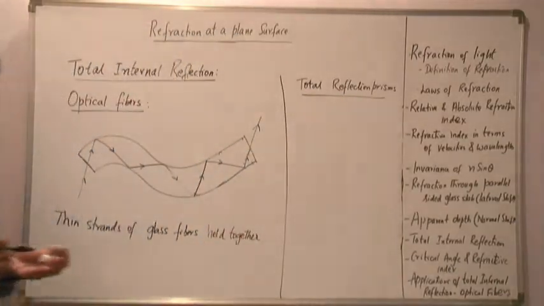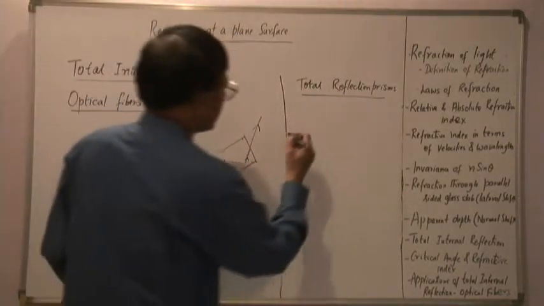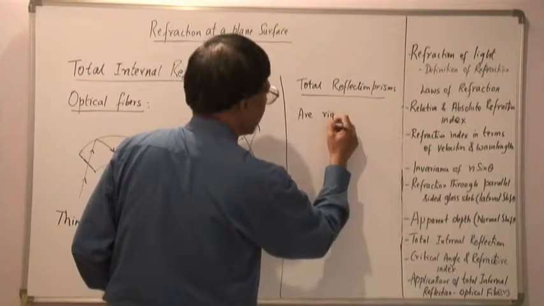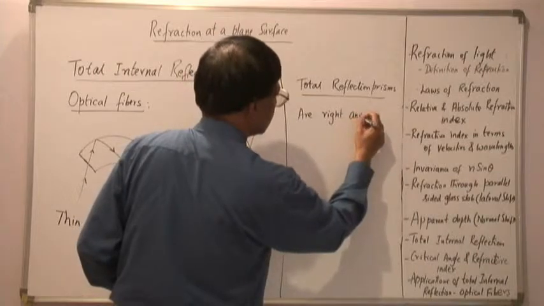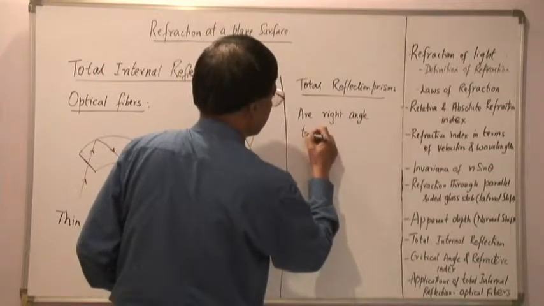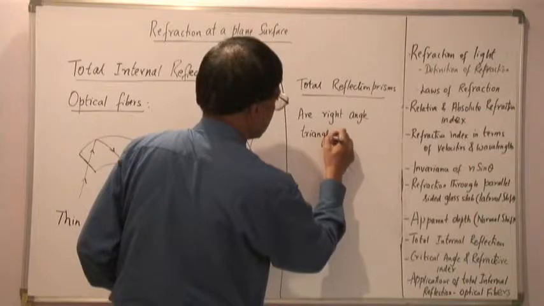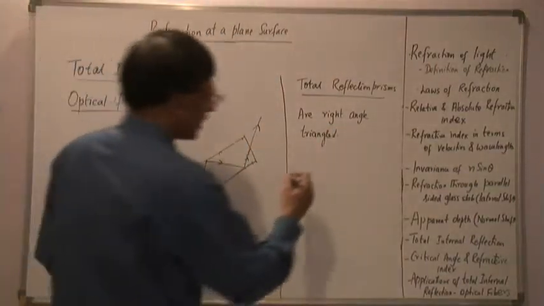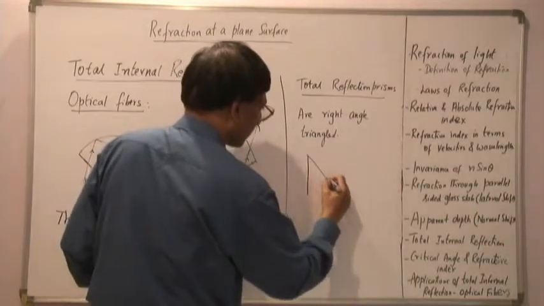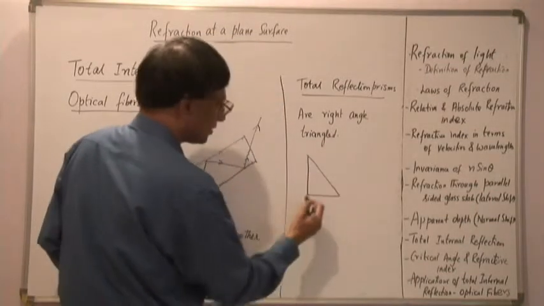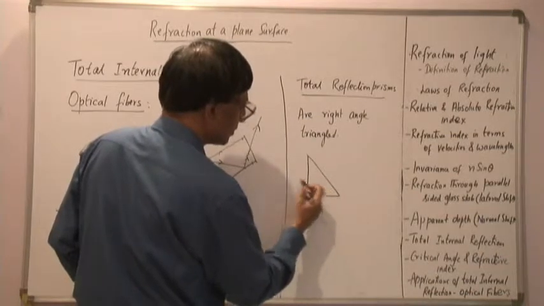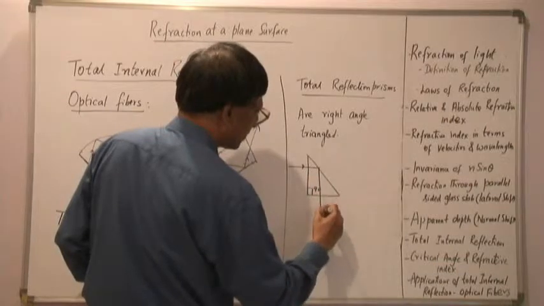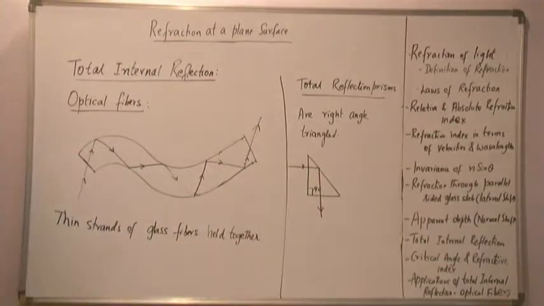These prisms are basically glass prisms that are right angled. So we have this, which is 90 degrees. When light falls on that, it gets totally internally reflected and moves along this path.